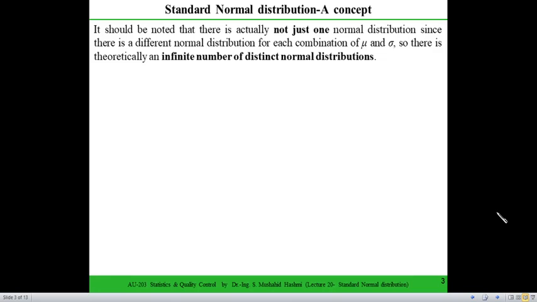So theoretically we could have an infinite number of shapes for normal distribution, each differing when the value of the mean and standard deviation is different. For every value of mean and standard deviation there will be one distribution.